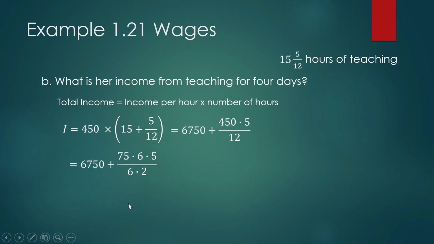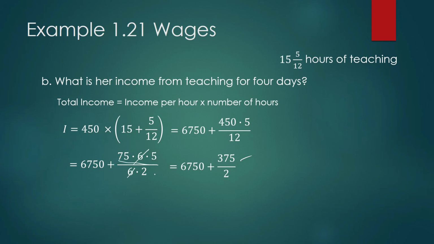450, let us produce the factoring for 450, that is 75 times 6. For 12, it's 6 times 2. 6 divided by 6 is 1. And so we are left with 6,750 plus 375 divided by 2. Where did 375 come from?